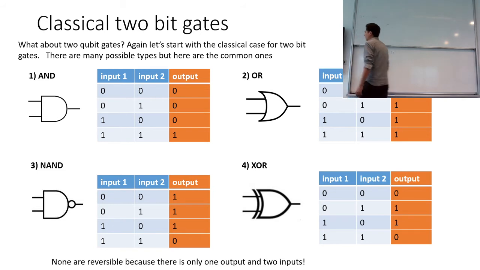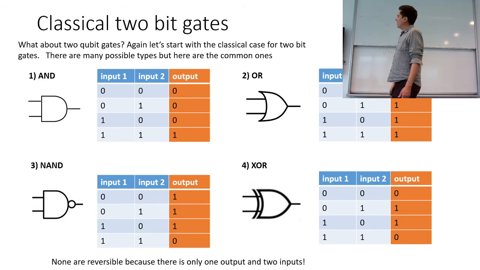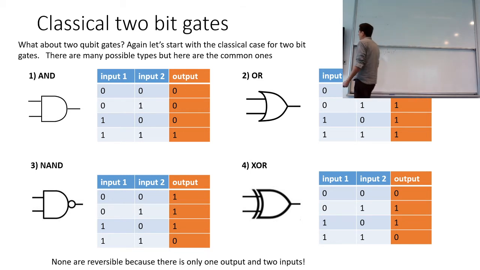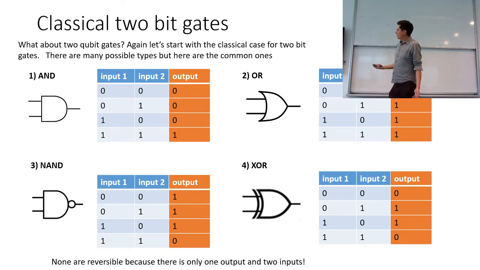None of these are reversible, right? The reason why is because you've only got one output. Reversible means, if I didn't know what was coming in here, could I work out what it was? It's kind of impossible.